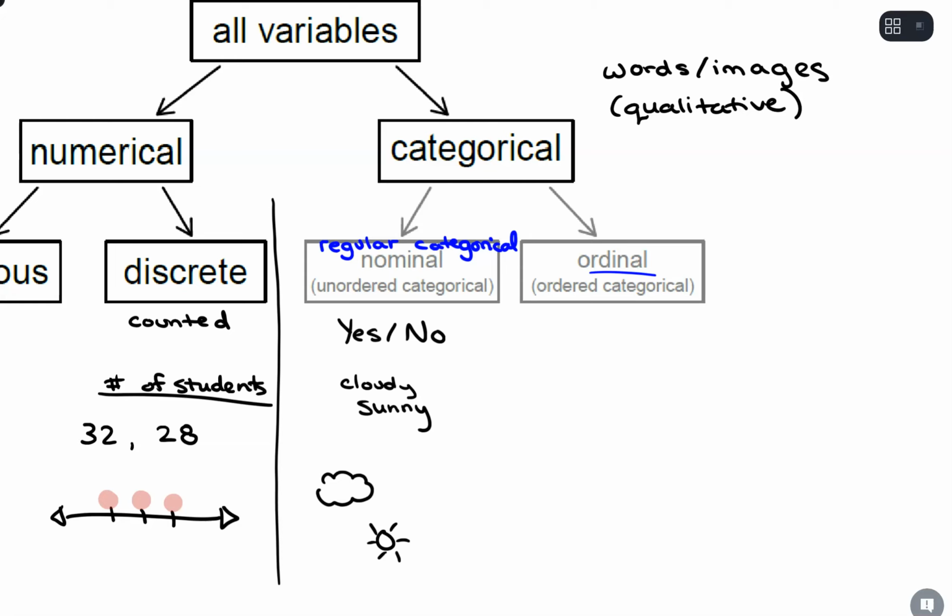Ordinal is when there's an order to it. So like if we were rating something. So say you were rating it with stars, 1 star to 4 stars. That star rating would be ordinal, categorical, because 1 would represent something bad, 4 would represent something good.